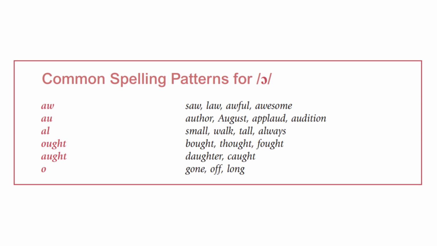A plus L, as in small, walk, tall, always. OUGHT, as in bought, thought, fought. AUGHT, as in daughter, caught. And sometimes the letter O, as in gone, off, and long.